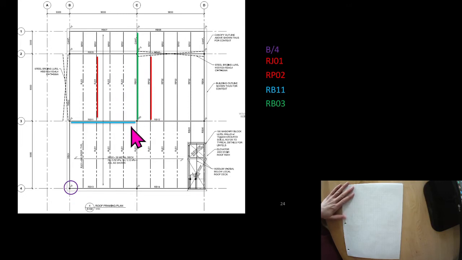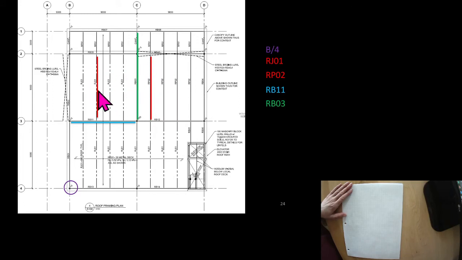This one's interesting. This one's simply supported, and we treat these joists as a uniformly distributed load. RJ01 and RP02 are the same length, and they look like they have the same tributary width on them, picking up the same roofing system.